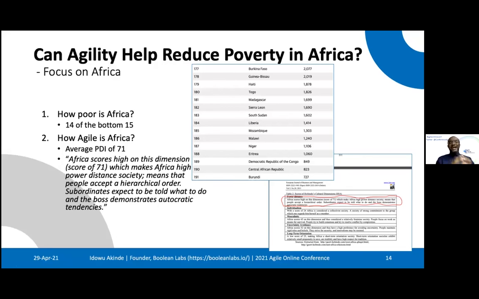When PDI is high, there is a high probability that the country within which that organization operates will be a poor country. So pretty much, thank you very much. That's my submission.